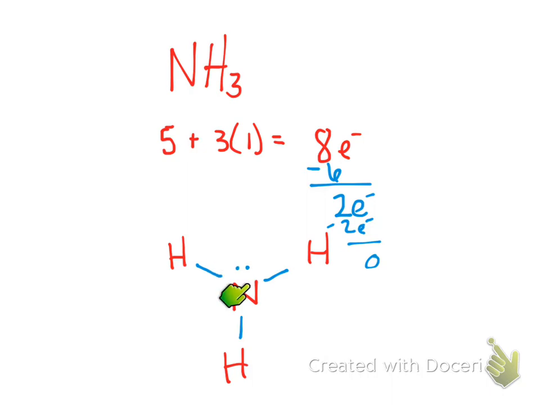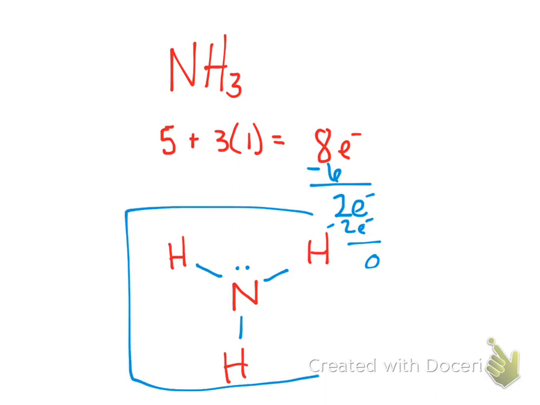Nitrogen has a complete octet, 2, 4, 6, 8, and each hydrogen is happy because it has 1 bond. So this is a completed and happy Lewis structure. Within this bond, one of these electrons is from nitrogen, and one of the electrons is from hydrogen, so it contains 2.